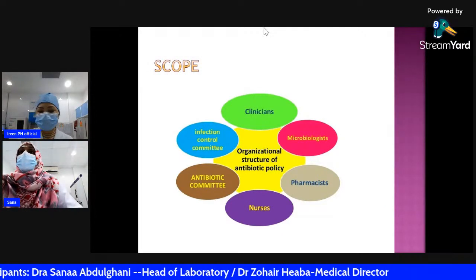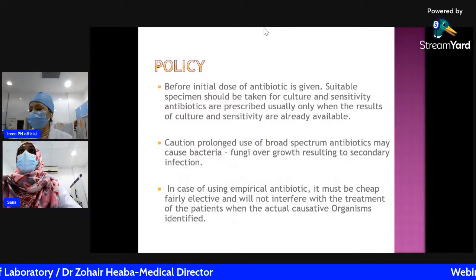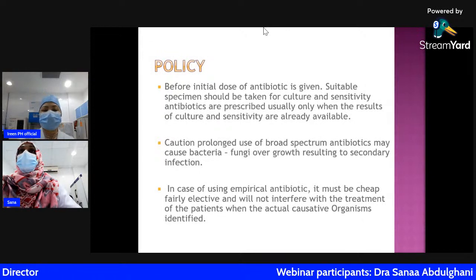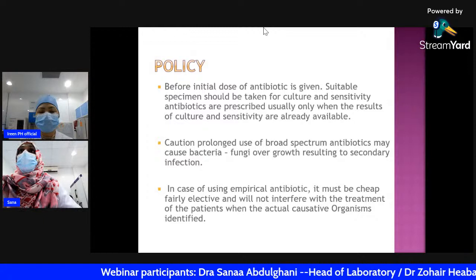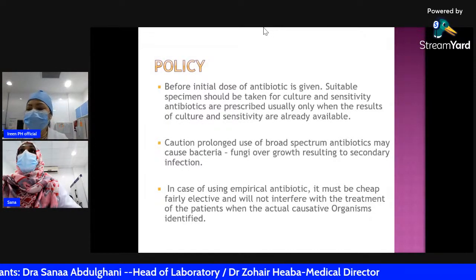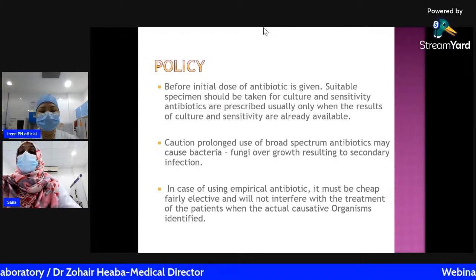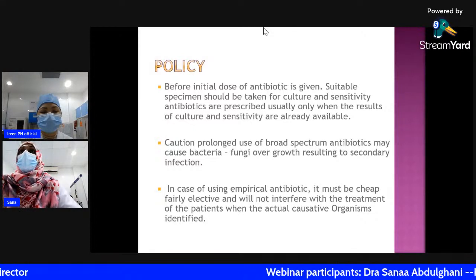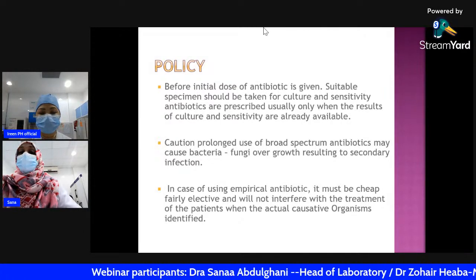The policy of antibiotic: before the initial dose of antibiotic is given, a suitable specimen should be taken for culture and sensitivity. Antibiotics are usually prescribed only when the results of culture and sensitivity are available. What if the culture and sensitivity results are not done?